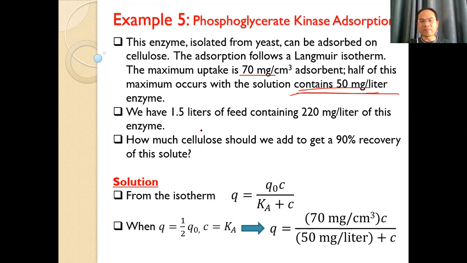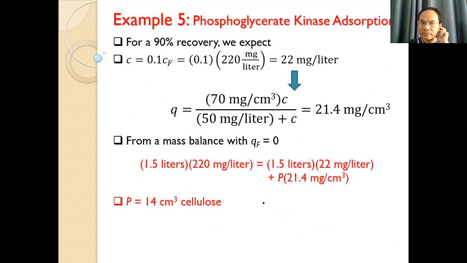From the isotherm, Q equals Q0 C divided by (Ka plus C). We know Q0, we know Ka. Substitute Q0 and Ka, and we get Q as a function of C, like this. For 90% recovery, that means C equals 0.1 CF, 10% of CF. 0.1 multiplied by 220 milligram per liter, this is CF, gives 22 milligram per liter.